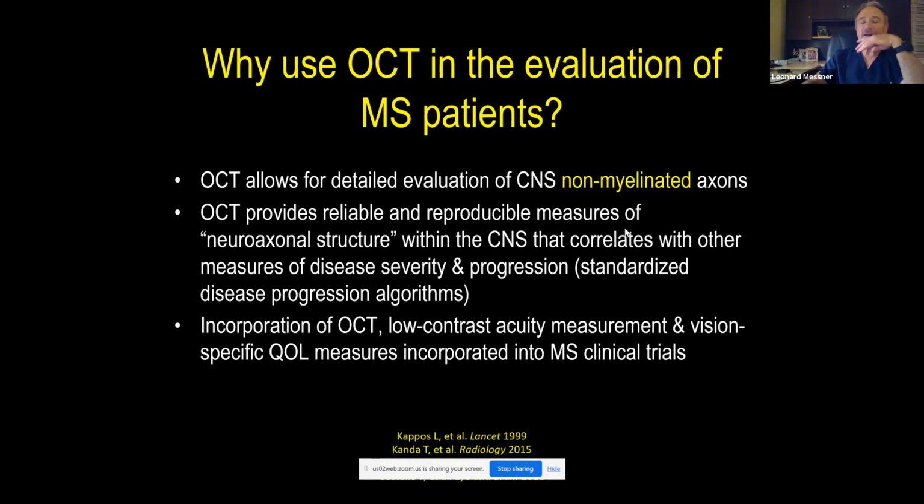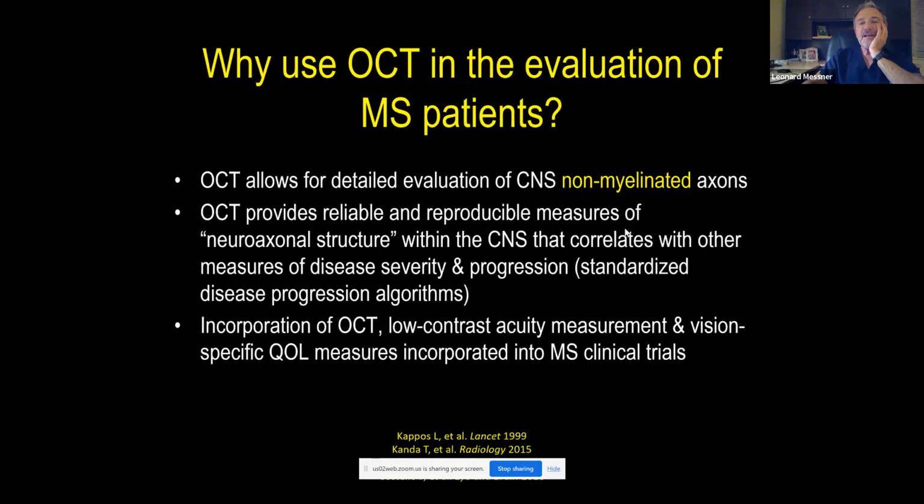The other thing is that over the past 10 to 15 years, we have seen many publications looking at the value of OCT, both nerve fiber layer as well as ganglion cell complex findings, as surrogate biomarkers of disease activity among individuals with multiple sclerosis, mirroring very closely what we see as it relates to disease progression on serial MRIs.